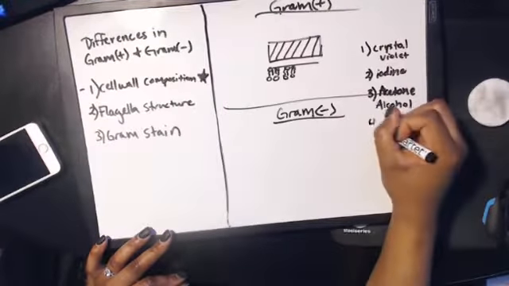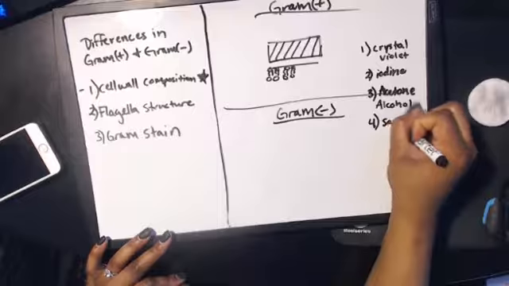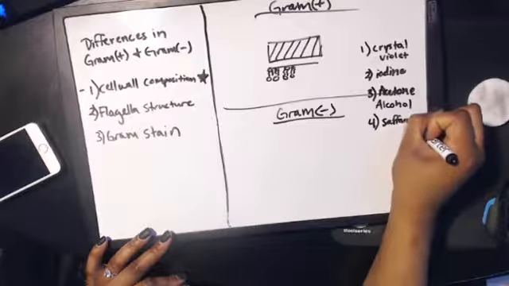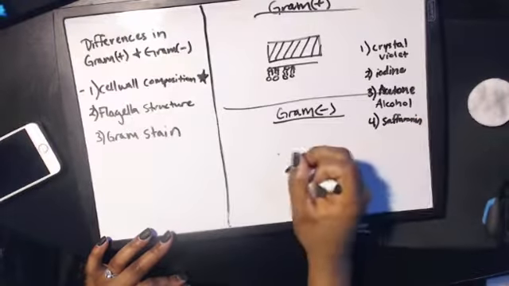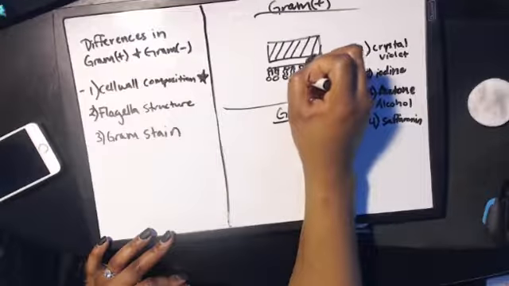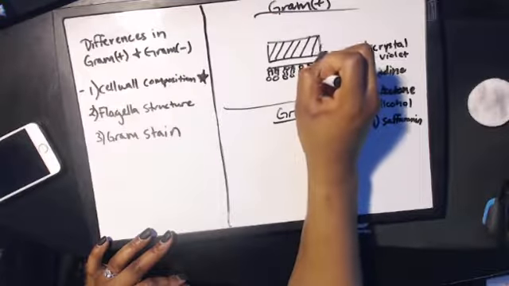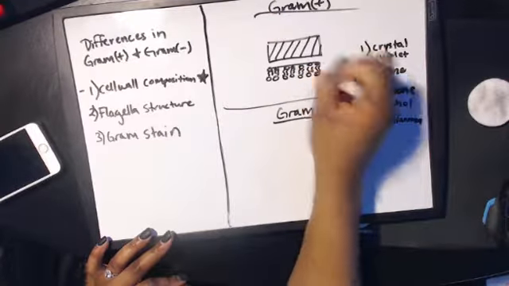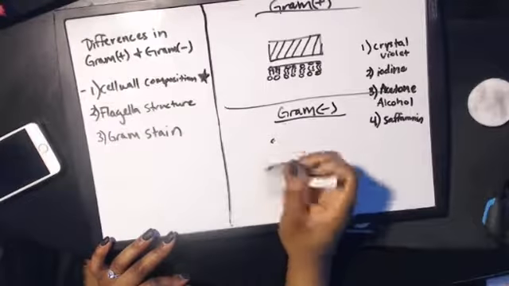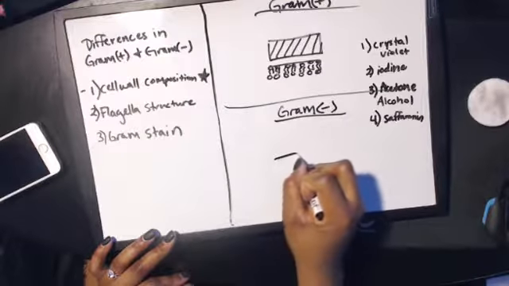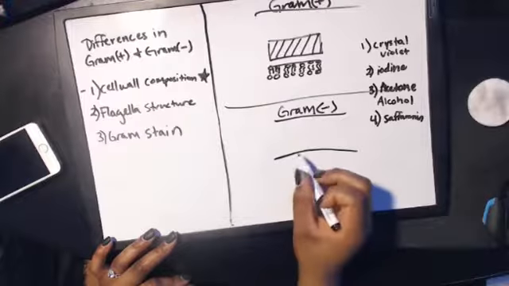And then the safranin. In the first step, both gram-positive and gram-negative are actually dyed purple. Even though they're different, just bear with me, I'll go through every step.